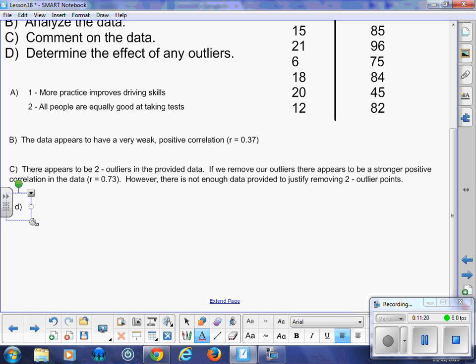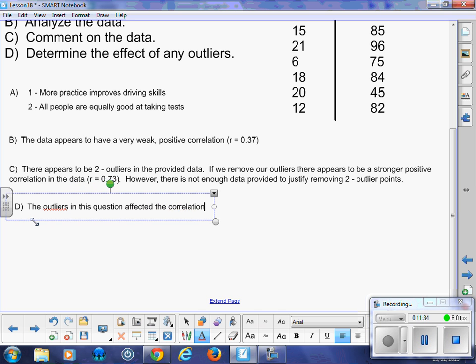So D part here, determine the effect of any outliers. So the outliers in this question affected the correlation factor in a negative manner.